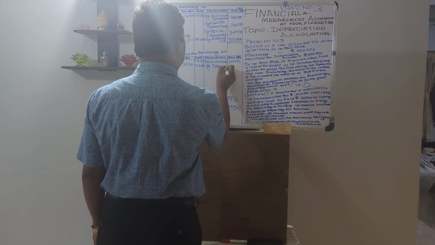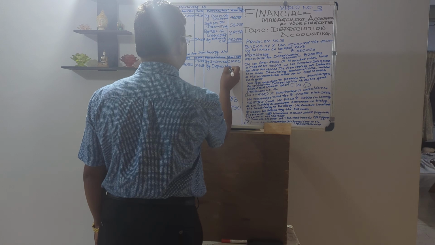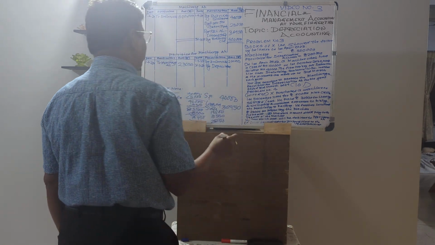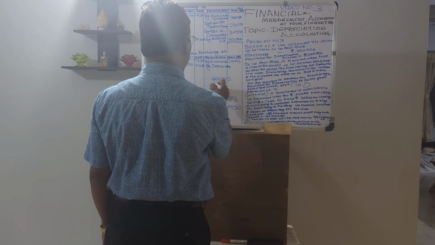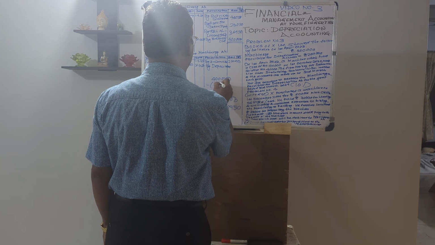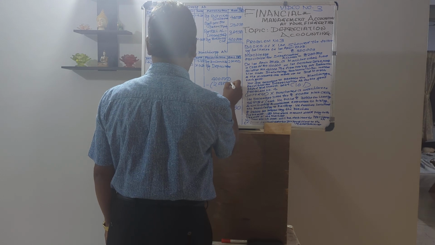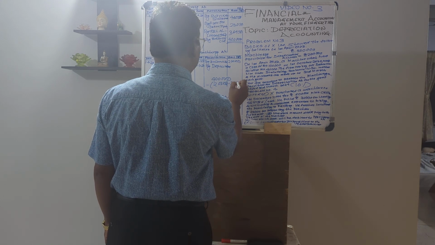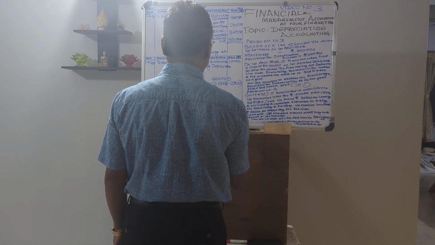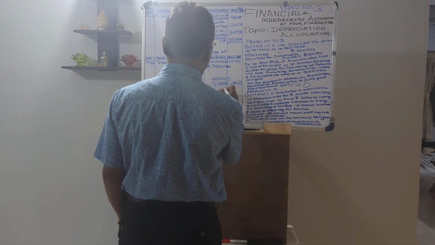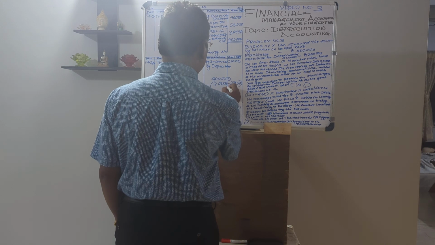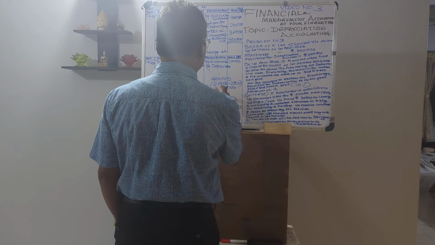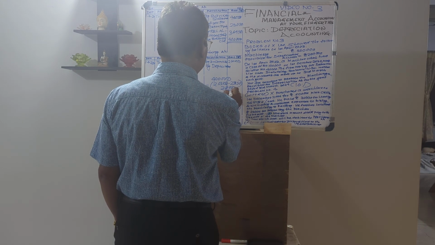What is the depreciation during the year, that we have to calculate. So it is 4 lakhs minus 2 lakhs. Out of 2 lakh, 23,050 is already adjusted. So we can write 4 lakh minus 2 lakh, that is 2 lakh plus 23,050.